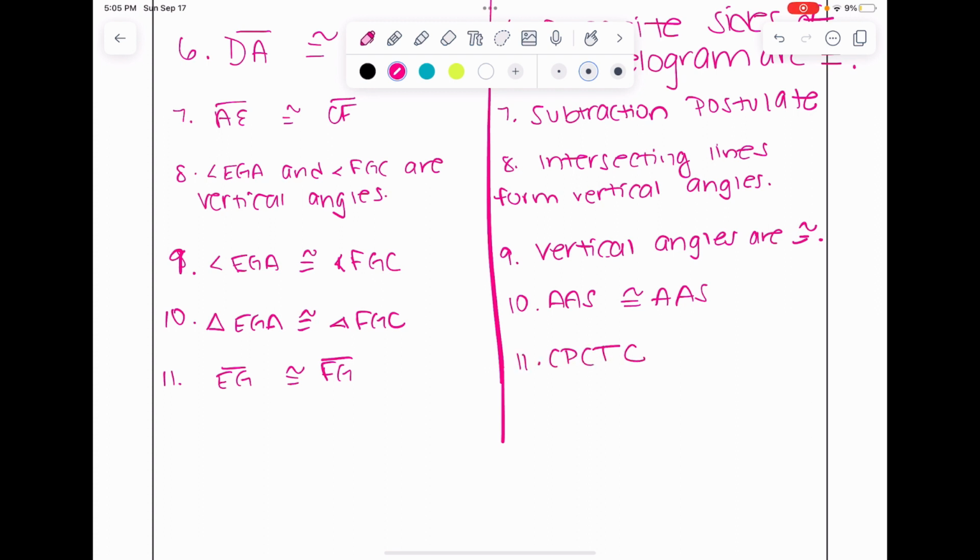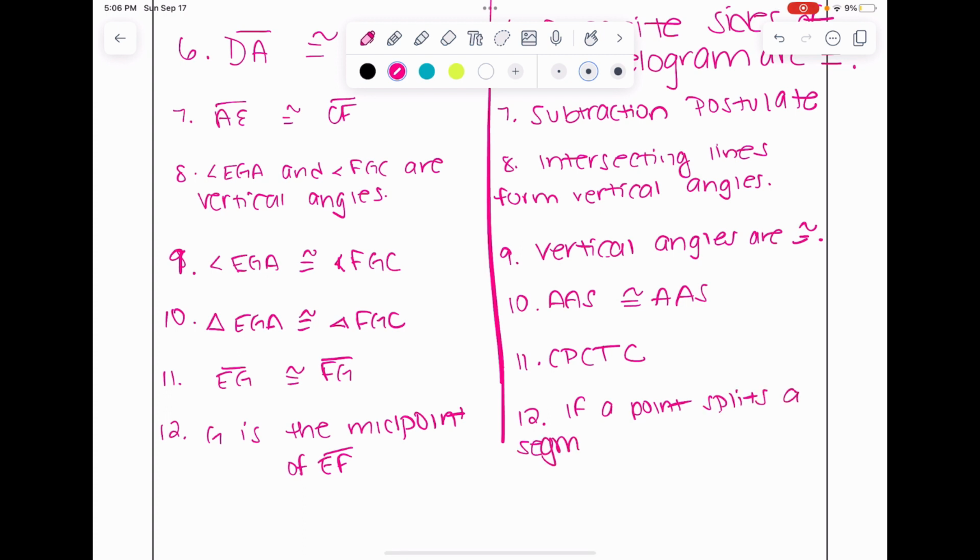Remember we said in the beginning that that was our goal? Well, if those two pieces are congruent, then we can prove what we need to, that G is the midpoint of EF. And our reason behind that is if a point splits a segment into two congruent parts, it must be the midpoint of the segment.